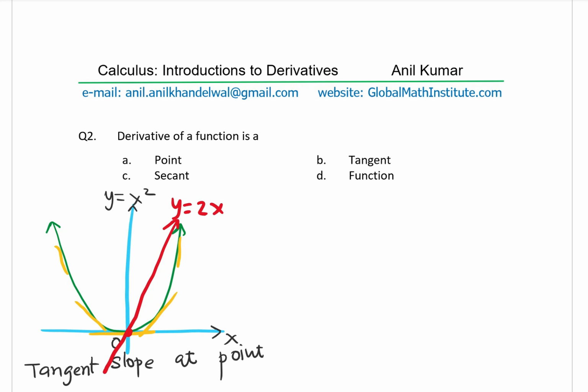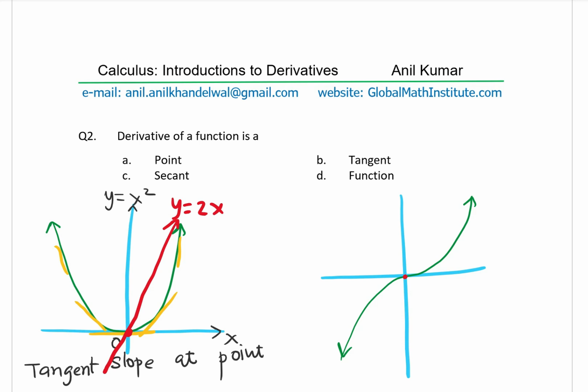Let's take another function. Okay, this time I'll draw a function slightly above. Let's take a cubic function. We'll keep things simple. Let's take a cubic function, and we see that at origin the slope is 0 once again, and that becomes the slope.